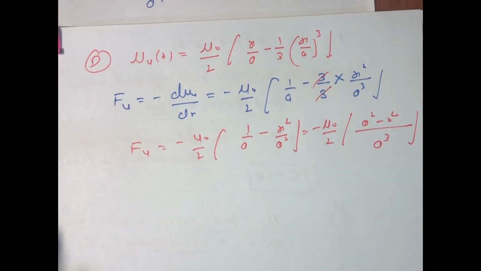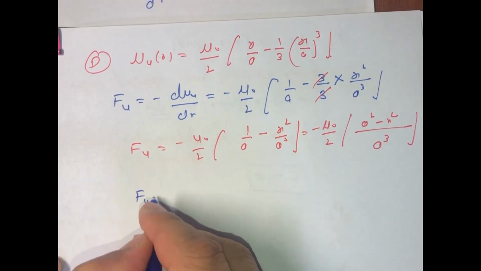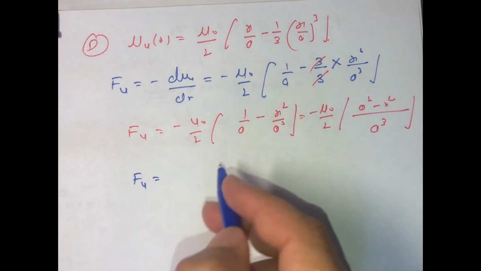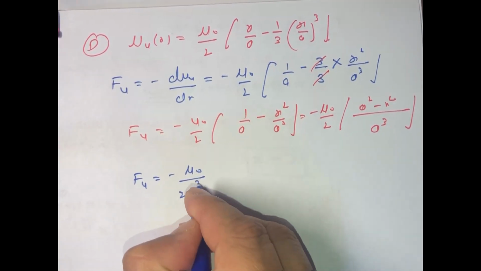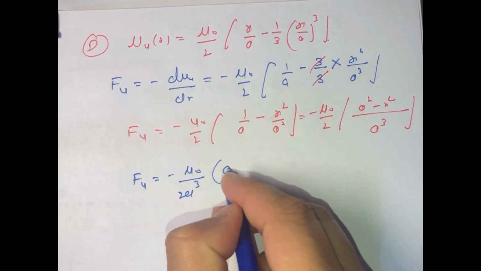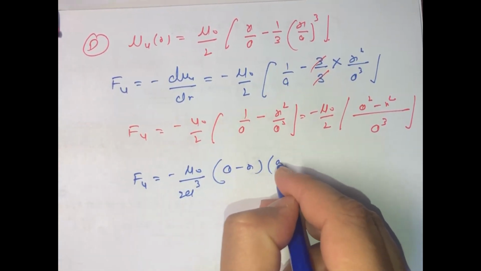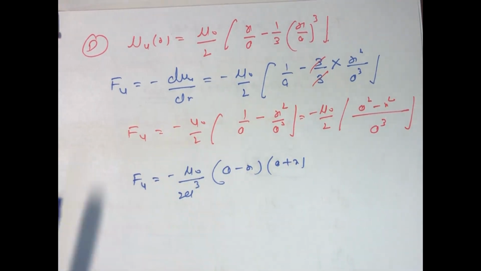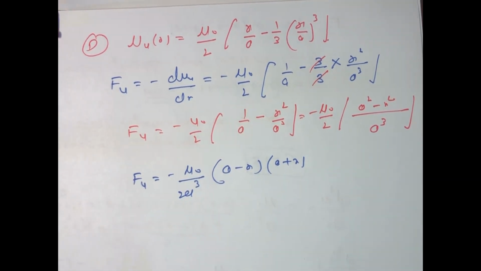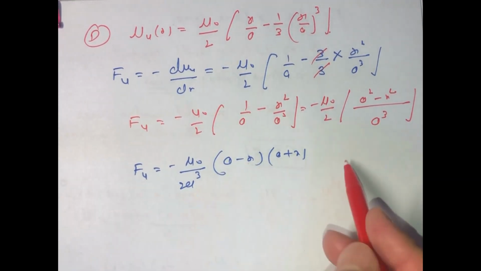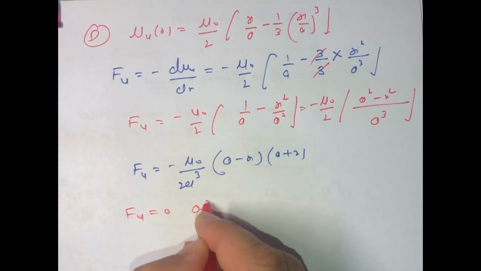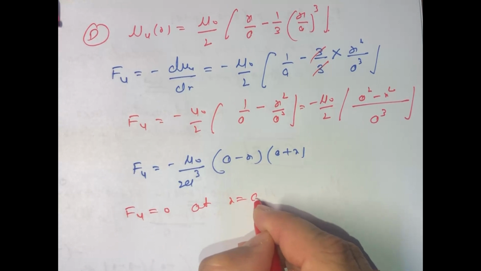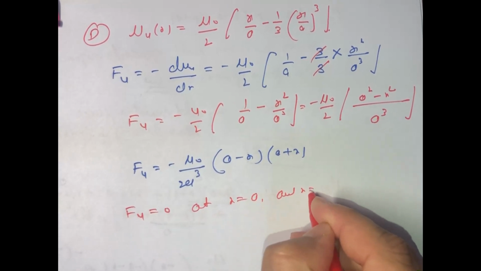So we can say that our F4 is equal to minus u0 upon 2a cube. We can write this a minus x and a plus x. So from here we can say that our F4 will be 0 at x is equal to a and x is equal to minus a.